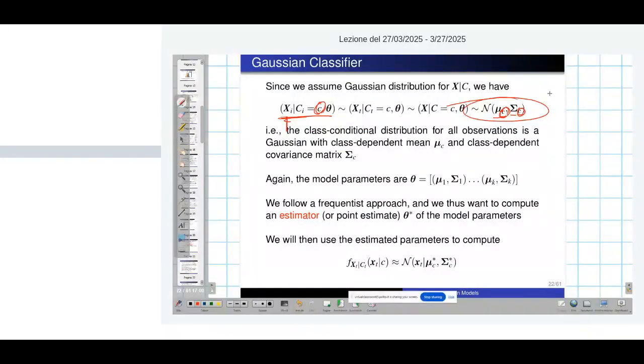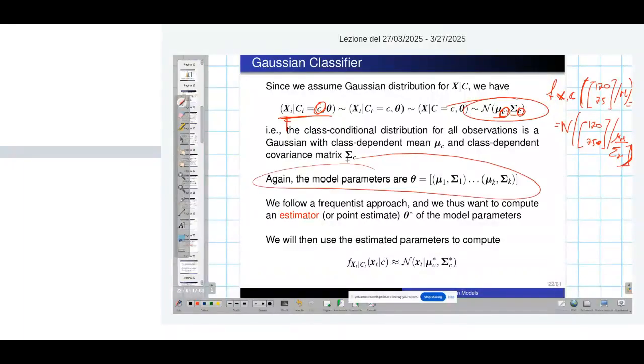For example, the distribution of a feature vector of height 170 and weight 75 given male will be computed with a Gaussian density evaluated at the value 170 and 75, using the mean mu_m that I will have estimated for the male class and the covariance sigma_m that I will use for the covariance of the male class.